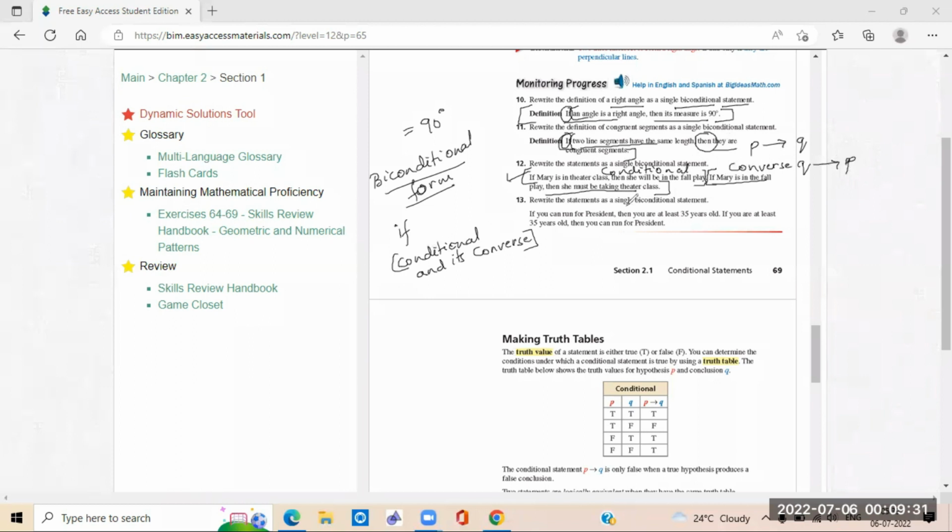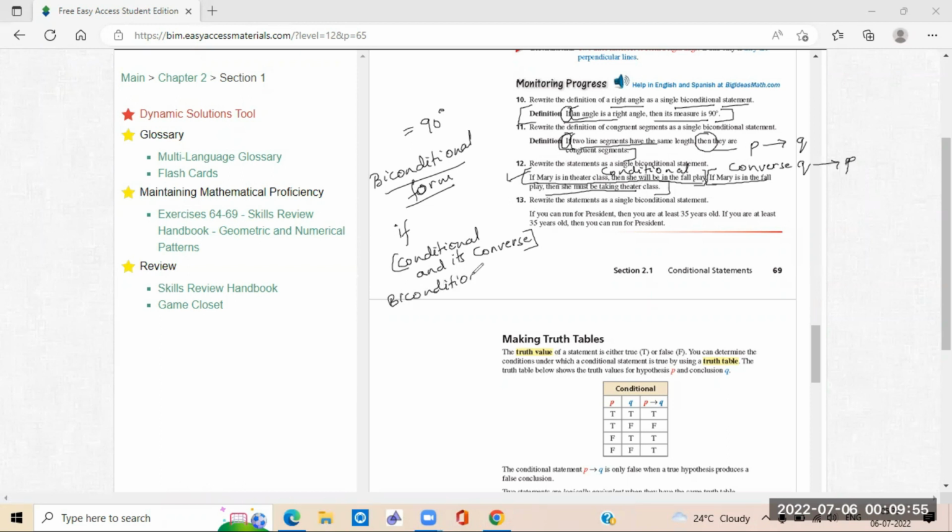Now, when we have the combination of conditional and its converse, how do we write the biconditional form? You just have to consider only the first part, because both are going to be one and the same. So just consider the first part, the conditional part of it, and from the conditional, you can go to the biconditional statement.